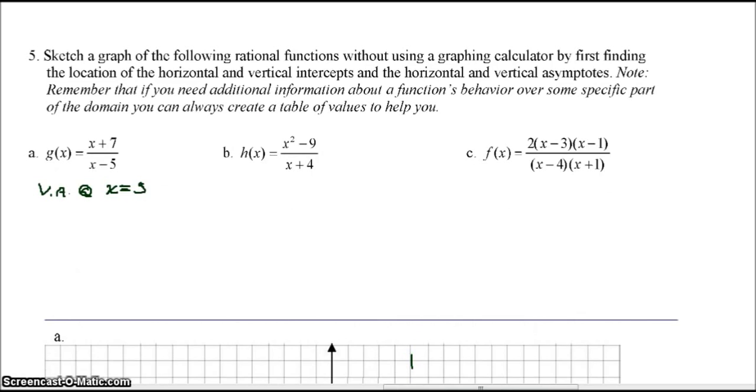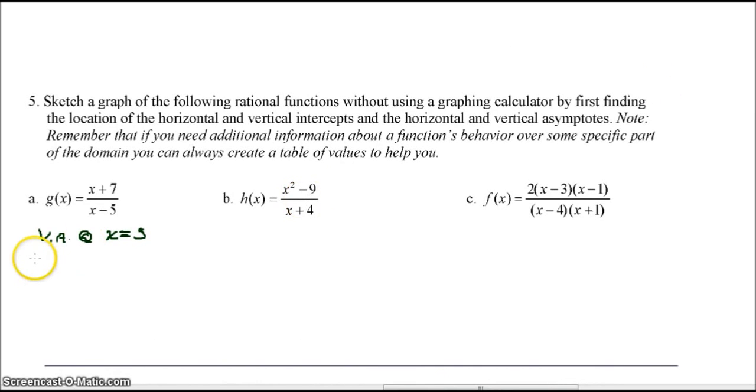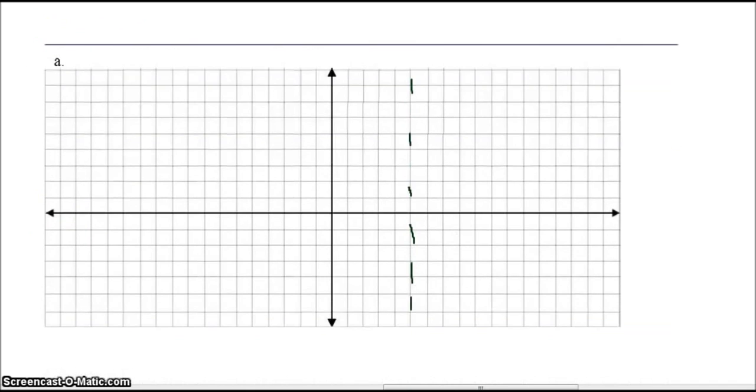Okay. Next, I know there's a horizontal asymptote at y equals 1 because the ratio of the leading coefficients is 1 over 1. These are both linear functions, they have the same degree. So y equals 1.